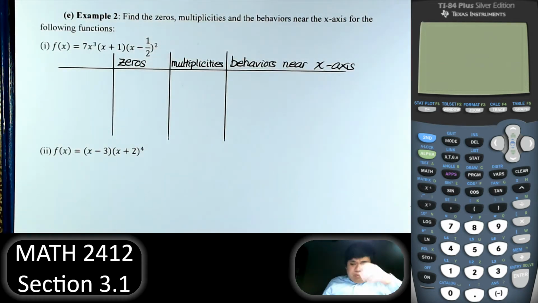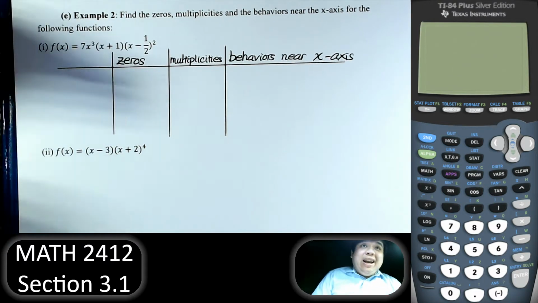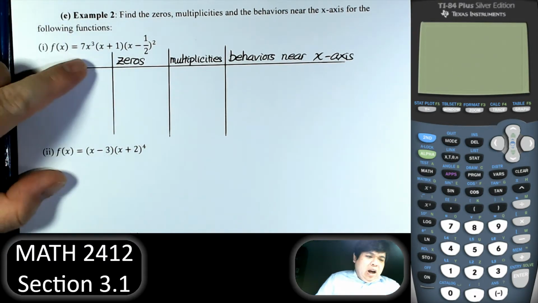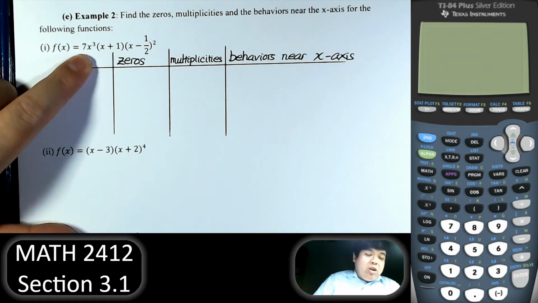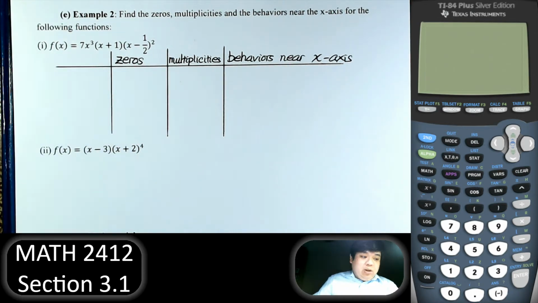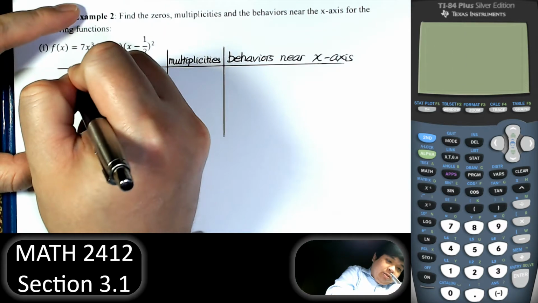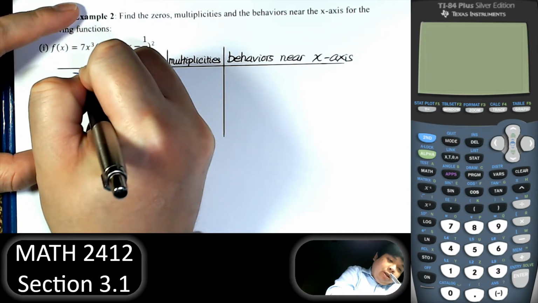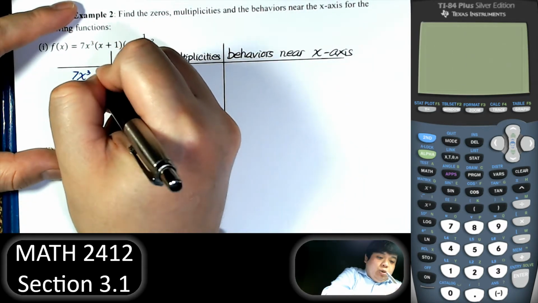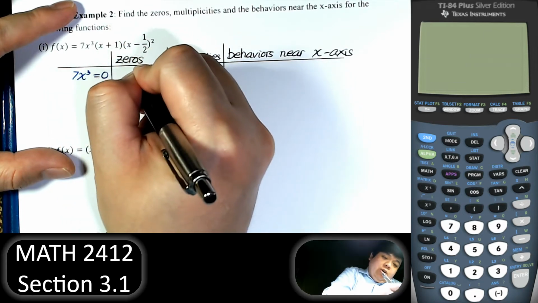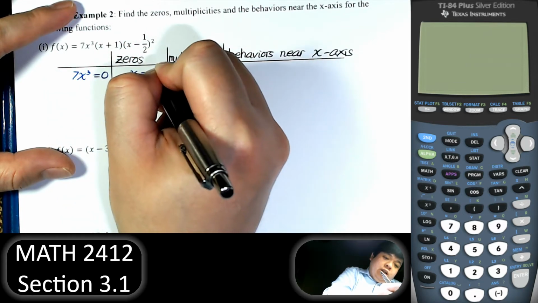Right, first, we look at the polynomial. Luckily, this is factored completely, so we just let every factor equal 0. First of all, 7x cubed equal to 0, so x equals 0. If we have the factor 7x cubed and we make that equal to 0, then of course the zero is x equals 0.